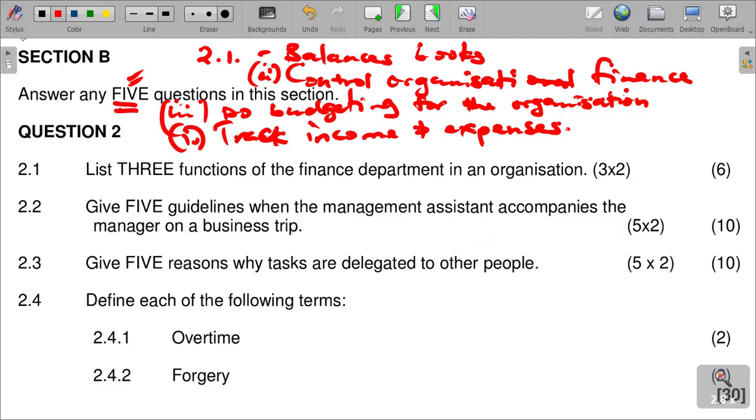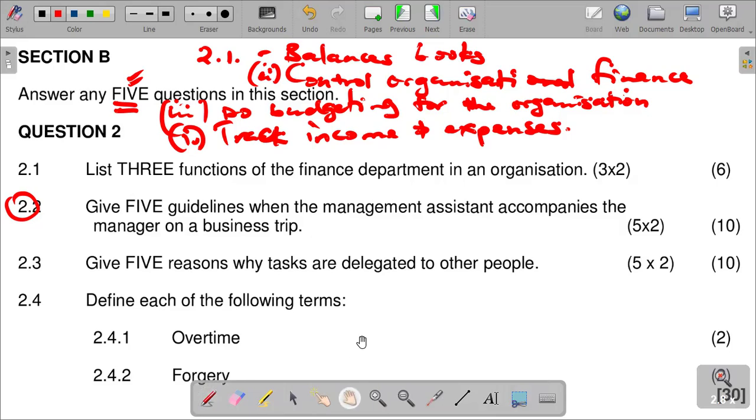So number 2.2, give 5 guidelines when the management assistant accompanies the manager on a business trip. When the management assistant accompanies the manager on a business trip, what are the guidelines? So let's just put the answers aside.